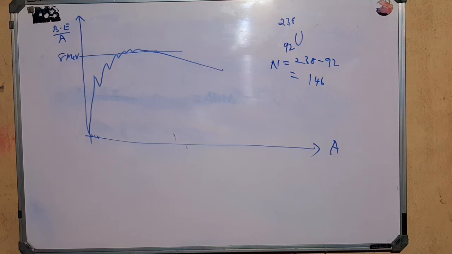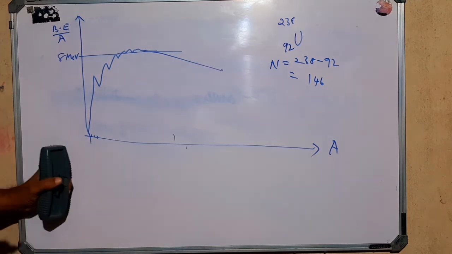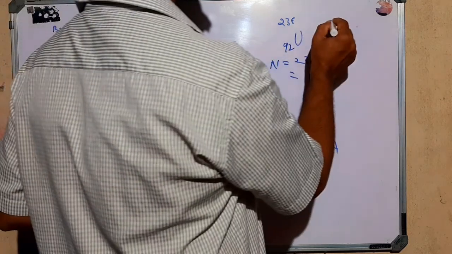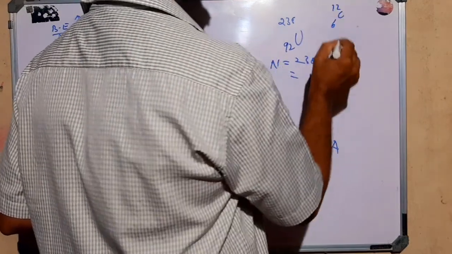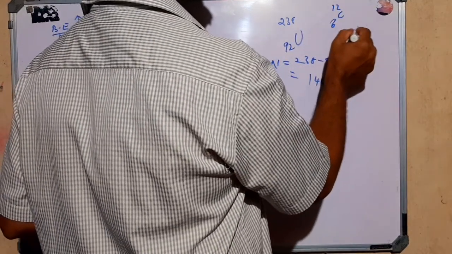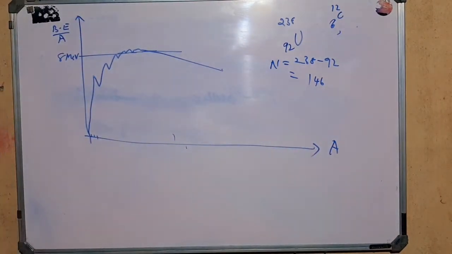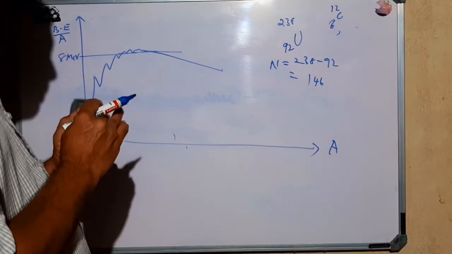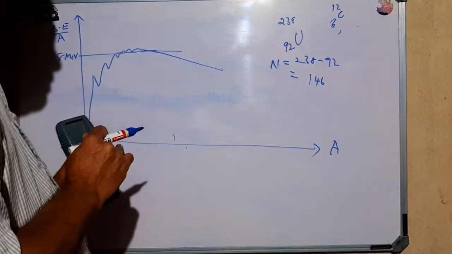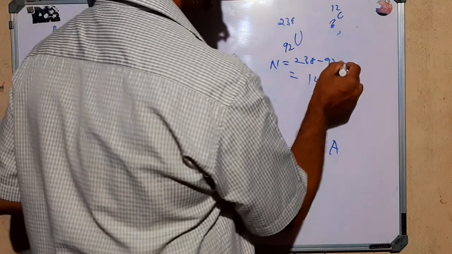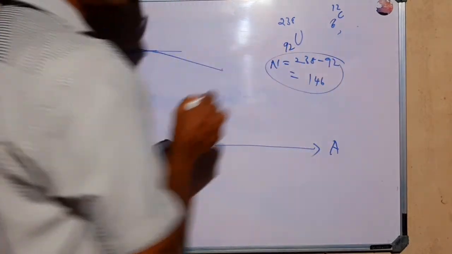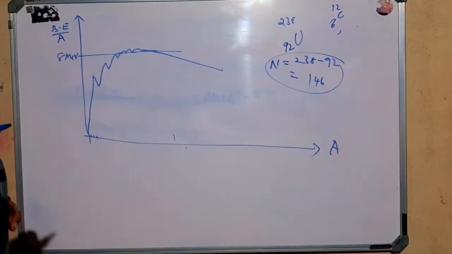So, neutron number is in excess. When you consider 6C12, there are 6 protons and 6 neutrons. That means at lower mass number, the number of protons is equal to the number of neutrons, or their numbers are almost the same. But at higher mass numbers, neutron excess is observed.